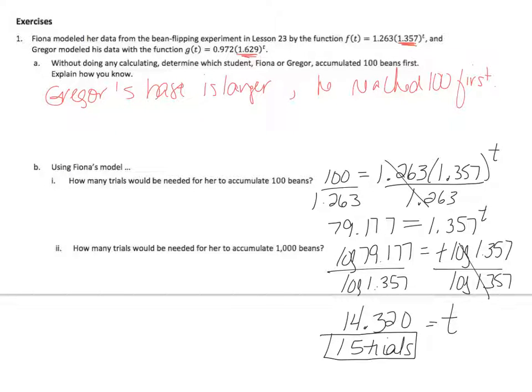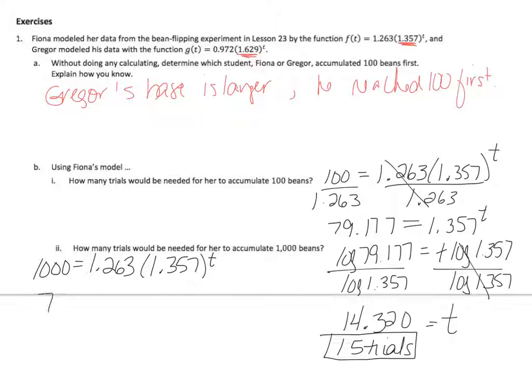How many trials would be needed to accumulate 1,000 beans? Oof. So going again, I've got 1,000 equals 1.263 times 1.357 to the t. I'm dividing both sides by 1.263. Same steps as the last one.